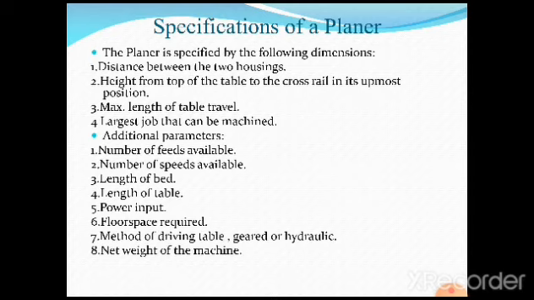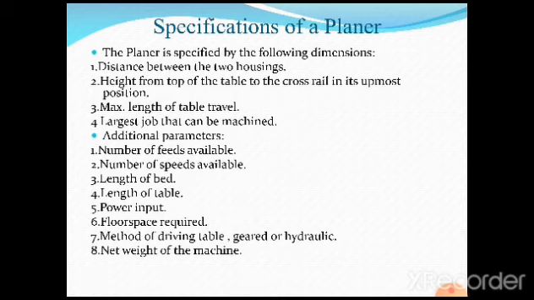The specification of a planer is given by dimensions like the distance between the two housings. If you recollect what we discussed in the previous session, the two housings decide the total width of the bed, because they are responsible for giving the movement to the cross rail, and they are provided exactly midway along the bed of the planer.